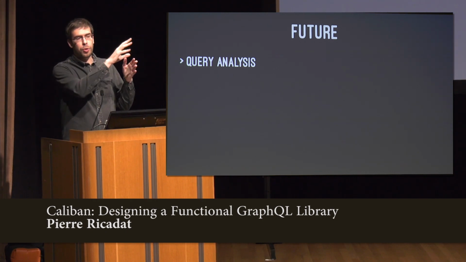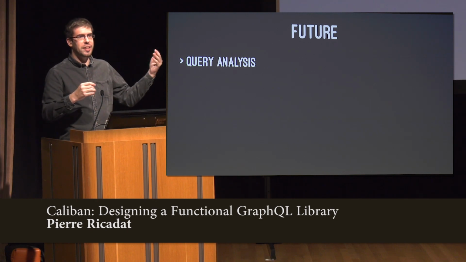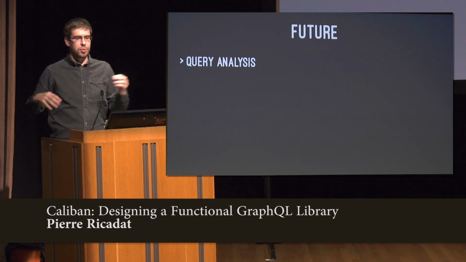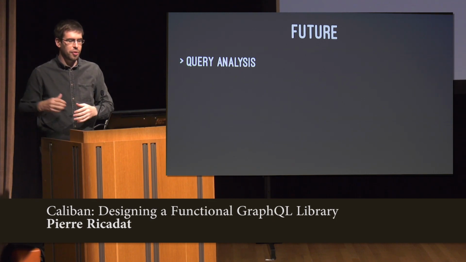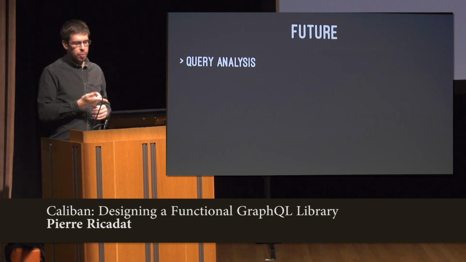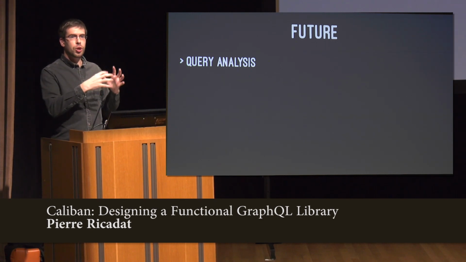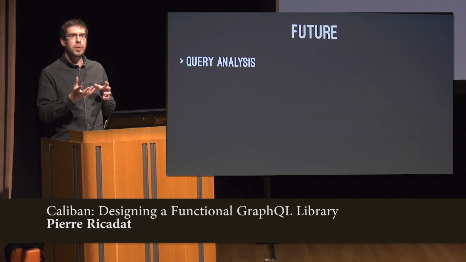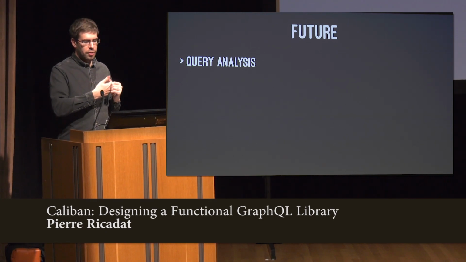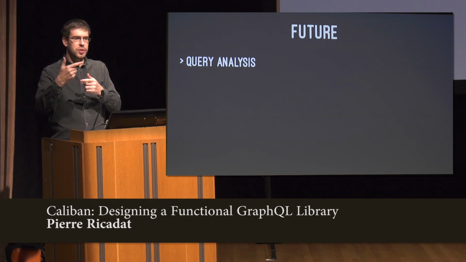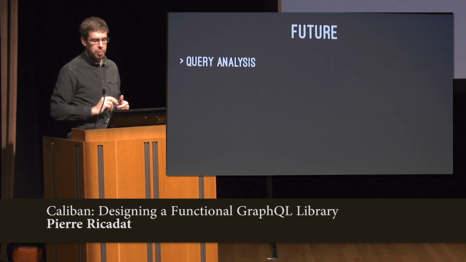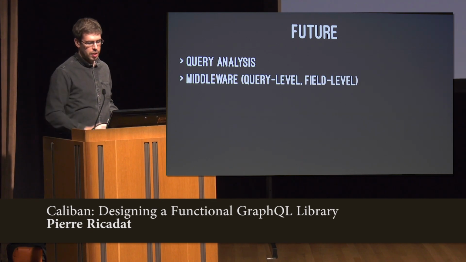Like, for example, if the query is too complex, or if you get attacked and someone sends you a crazily deeply nested query to try to make your server crash, you can block it right away. A common use case also is to calculate the cost of a query. The GitHub API has that. For every query, it calculates a cost and it returns the cost in the response. That would be possible with the query analysis feature.